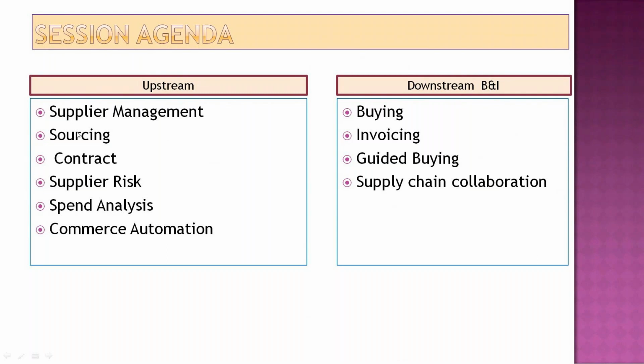Downstream is completely our P2P and P2O, two types of modules where we get the opportunity to work in projects, and supply chain collaboration, which is a different module. Guided buying has a different URL, and another one is buying and invoicing, which is part of procure to pay.